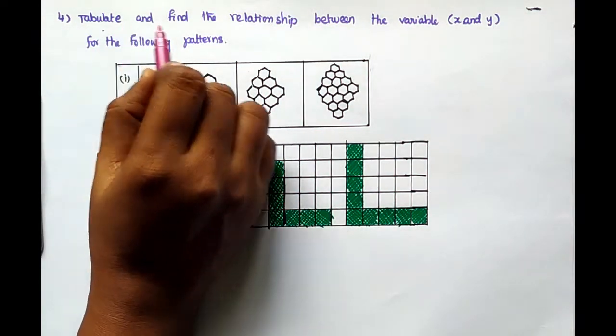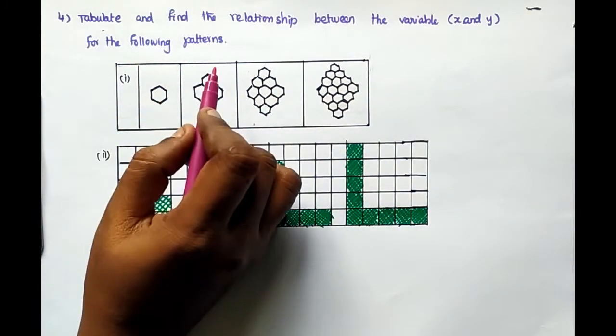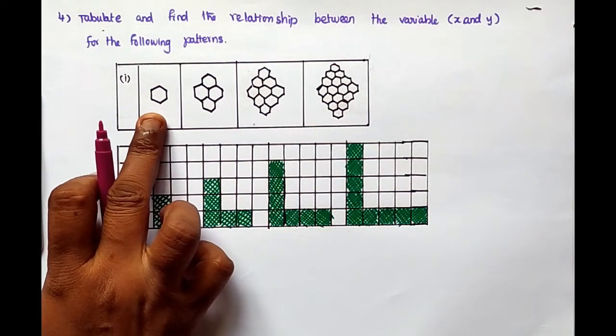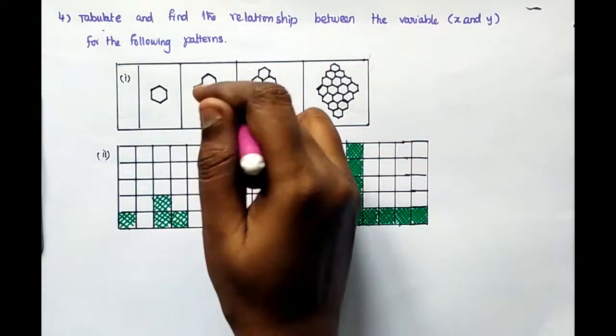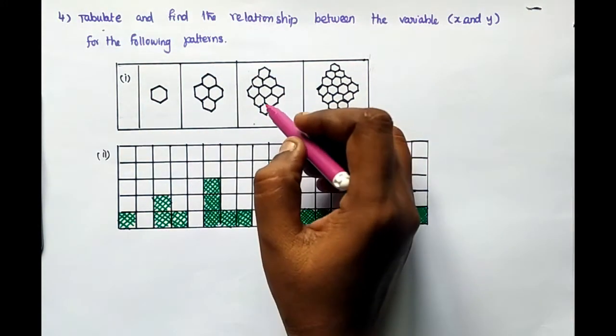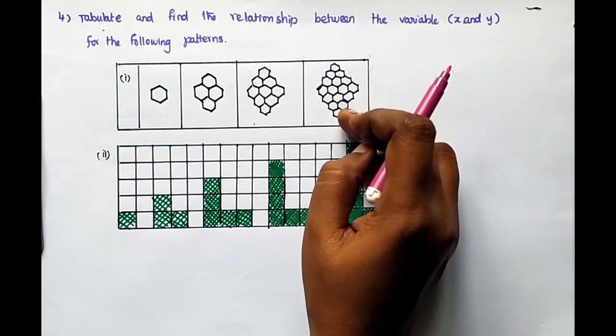Fourth sum, tabulate and find the relationship between the variables x and y for the following patterns. Listen, first one, only one hexagonal shape, and then 4, and then 9 here, and then 16 here.